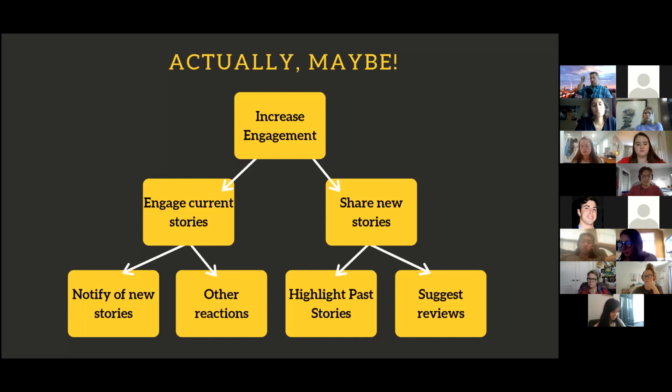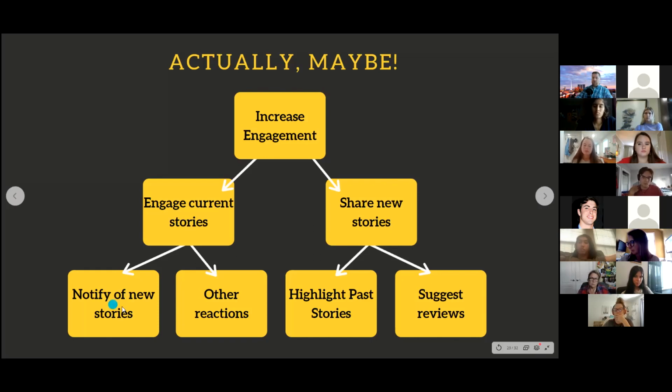Once you know which path down this tree you want to take, you've got your overall goal, then some different types of opportunities, and eventually you lead to solutions at the bottom. When you're trying to decide which solution to take, you should only be comparing solutions that are in the same part of the tree. We should not have a choice between notifying users of new stories and suggesting reviews, because those will have very different results in our application.